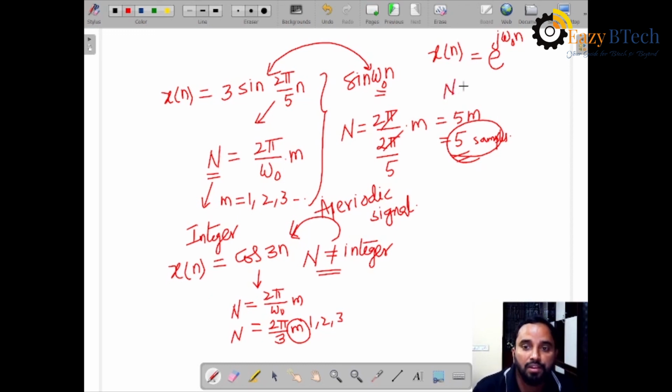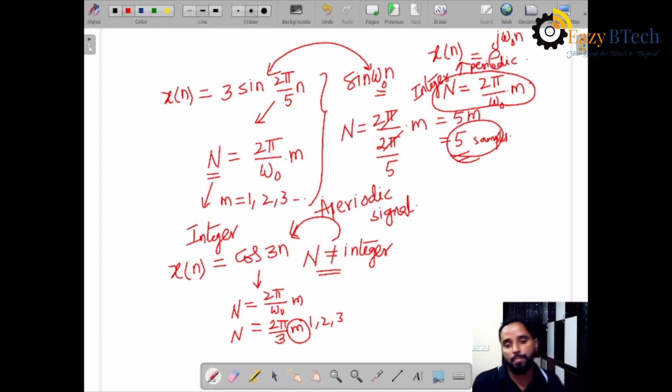The same. N must be like 2 pi by omega naught into m. The capital N means time period. The total value must be an integer. Then only the given signal will become periodic. The capital N must be an integer, then the signal will become periodic. This is the point. Remember.